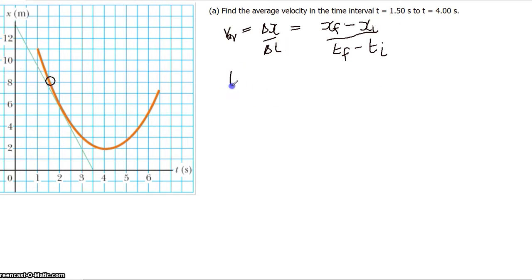So we have t initial is equal to 1.5 seconds, and the initial position is equal to 8.25 meters. And that's just an approximation, and when you have to read off the graph you might not get much more accurate than that. It's a little bit easier for this next point.